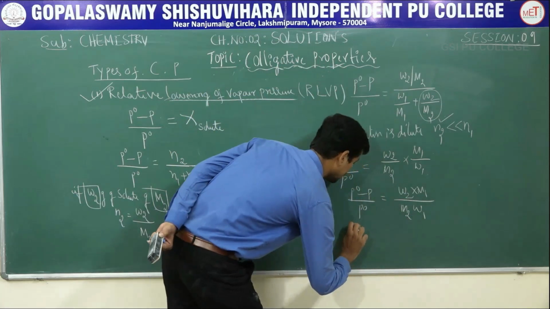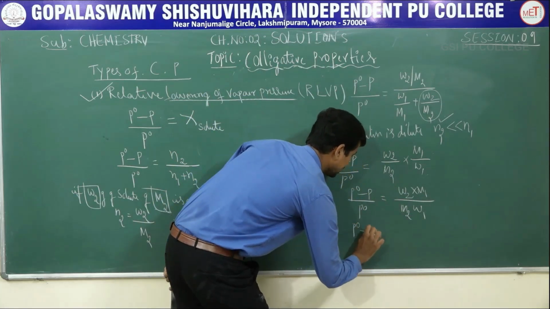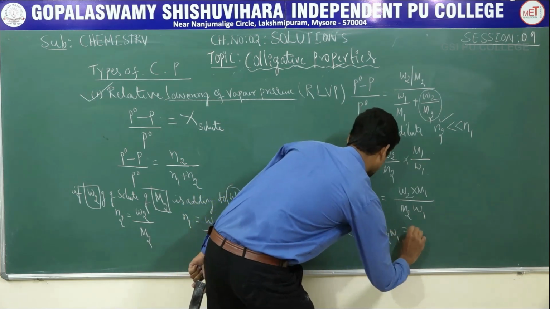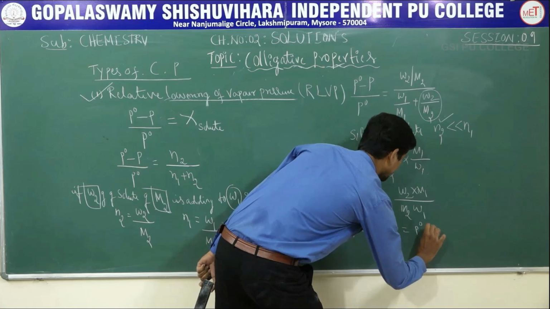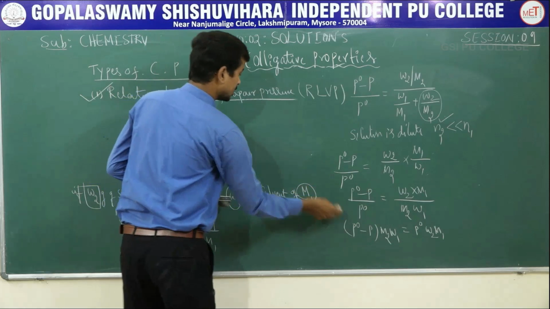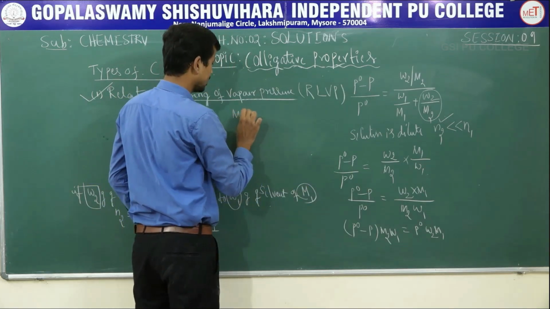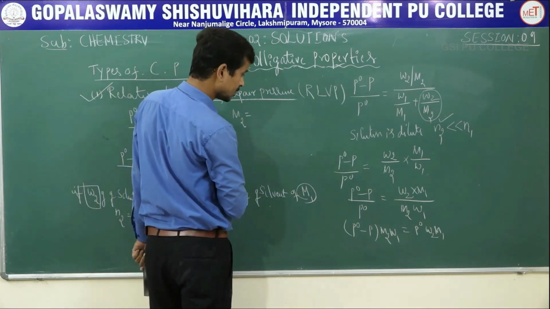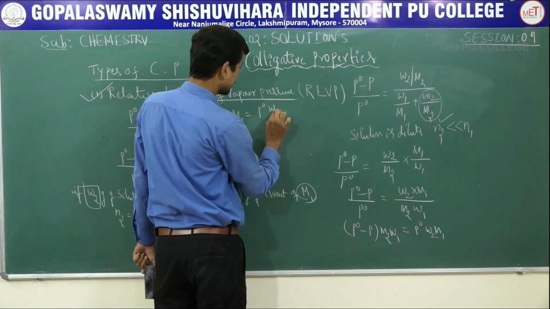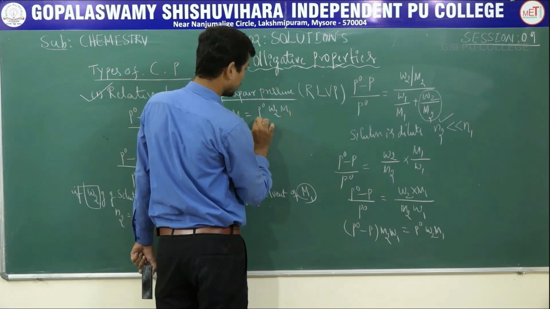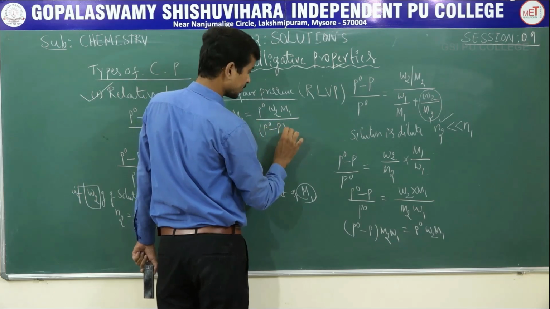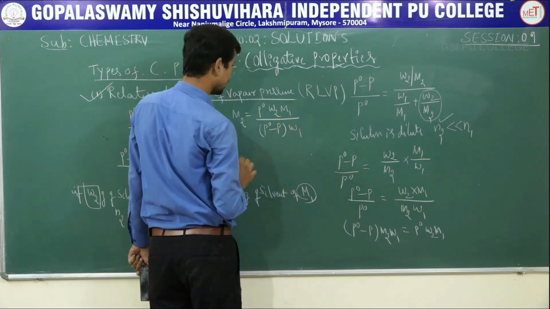This gives P naught minus P into M2 into W1 is equal to P naught into W2 into M1. Suppose in this equation you write it as M2 is equal to P naught into W2 into M1 divided by P naught minus P into W1.